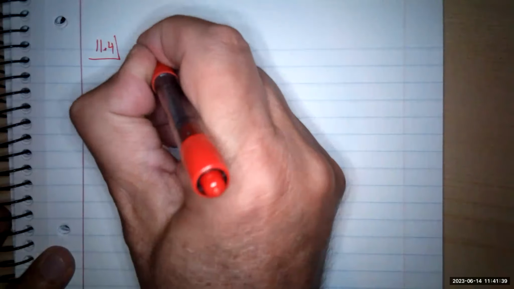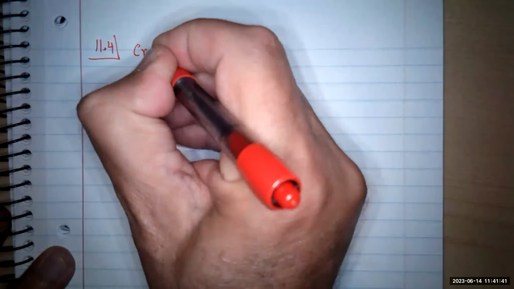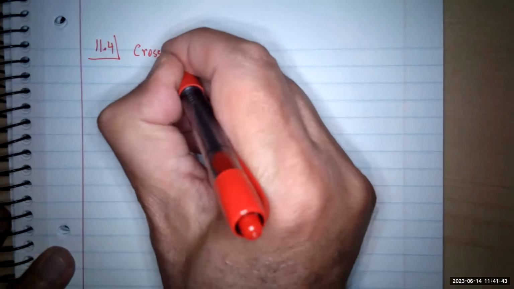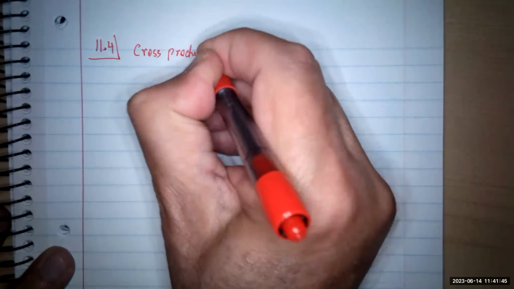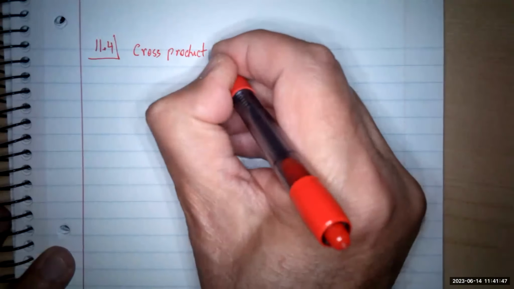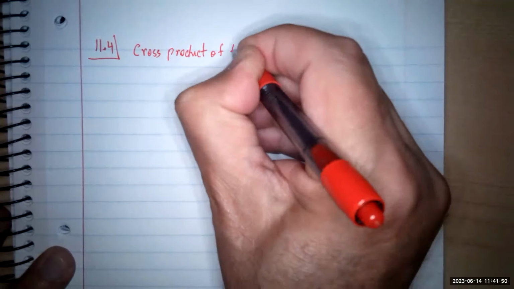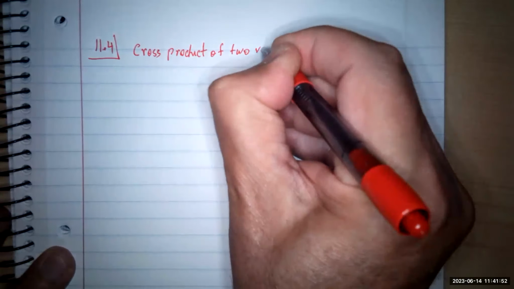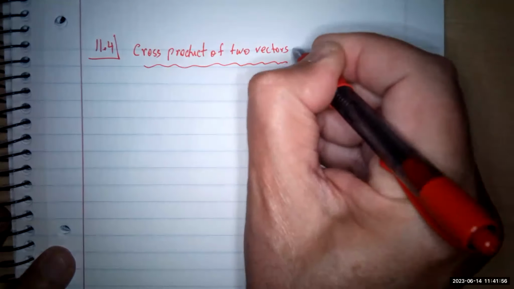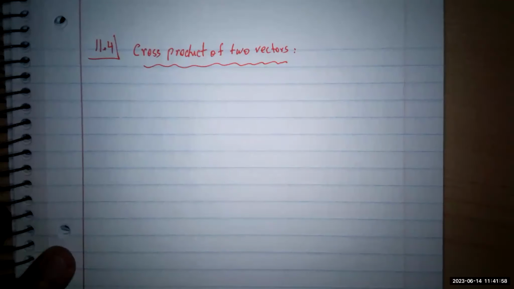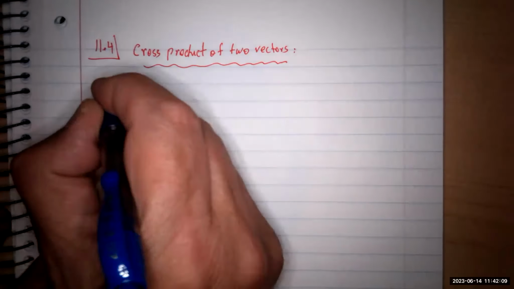Cross product. We already talked about the dot product, so that's going to be the cross product of two vectors. Again, I emphasize the dot product is a number and you need a vector. I also emphasize that the reason we need this for the future is the following.